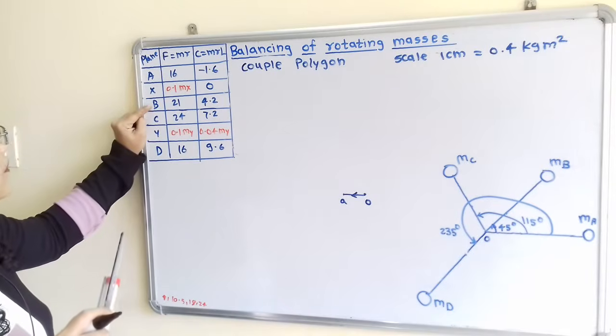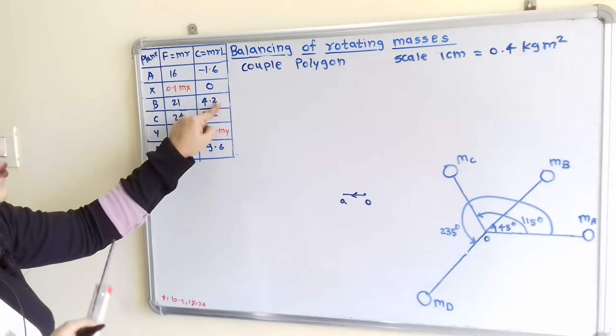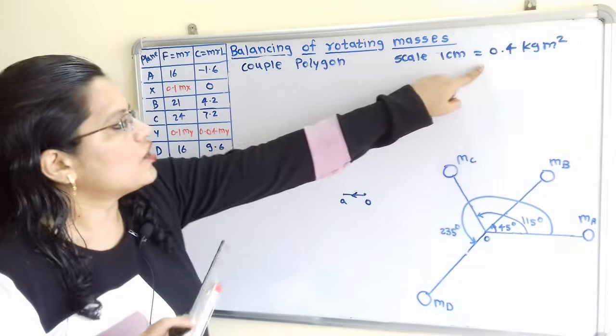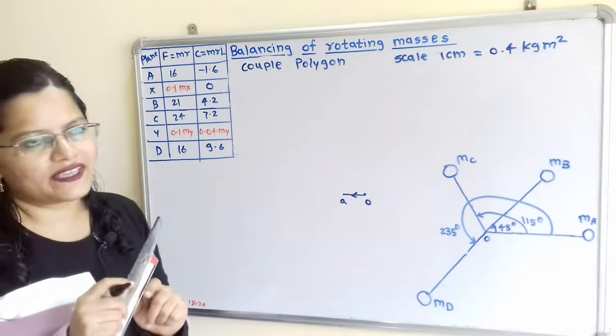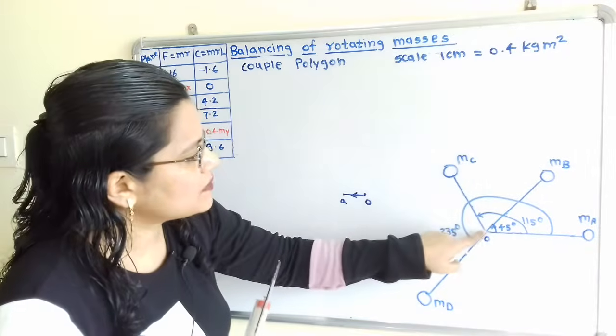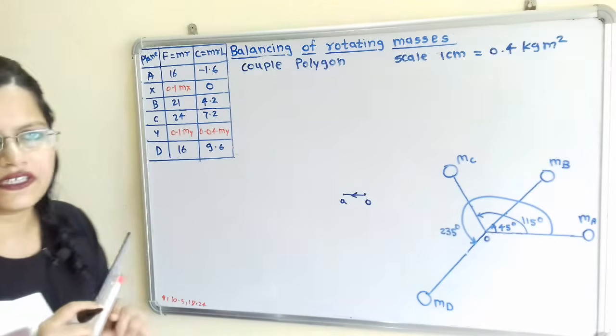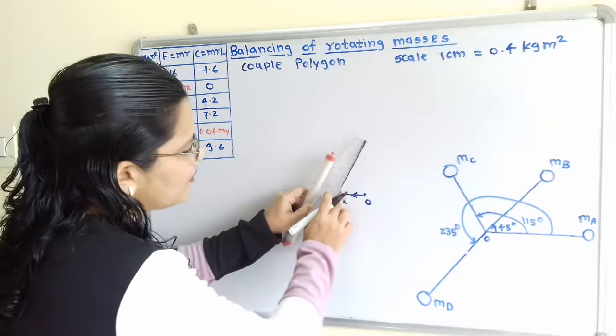So next is plane B. Now this plane B is having value 4.2. So as per this scale 4.2 divided by 0.4 is equal to 10.5 centimeter. Now if we observe, the angle for this plane B is 45 degree. So we have to draw here one line of 10.5.